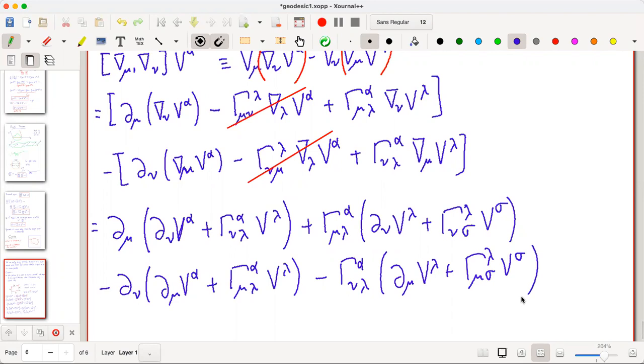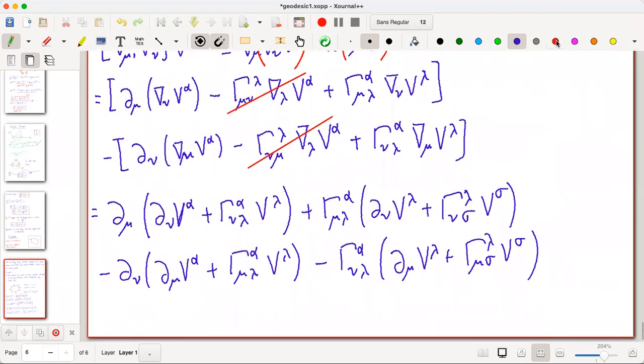Okay. Now we can see that this becomes partial mu working on v alpha, and this is commutative with partial mu working on v lambda. So I can cancel this.